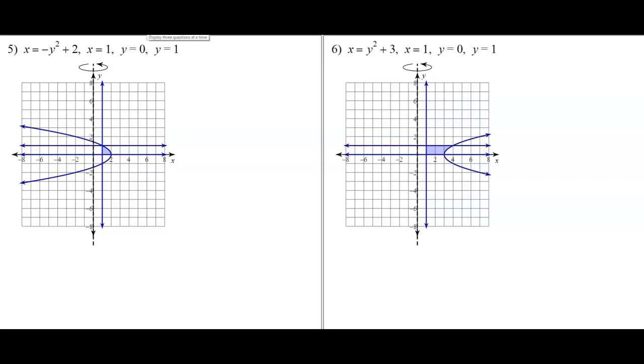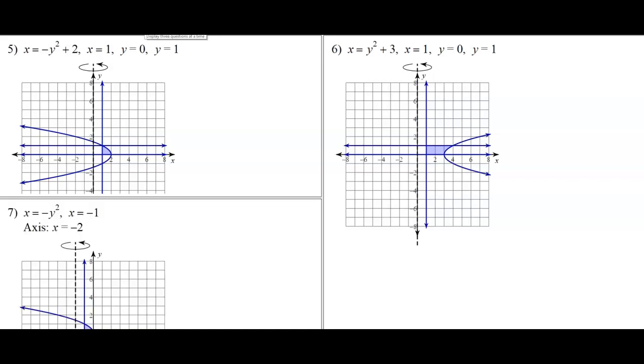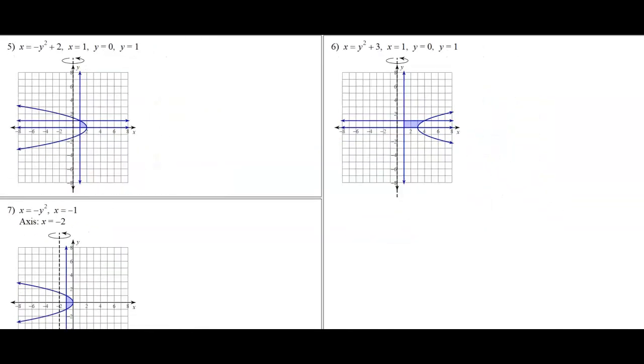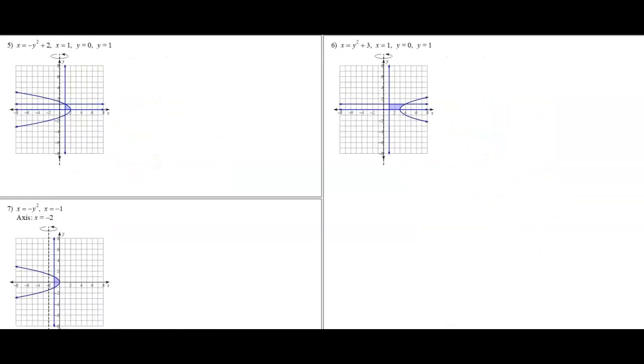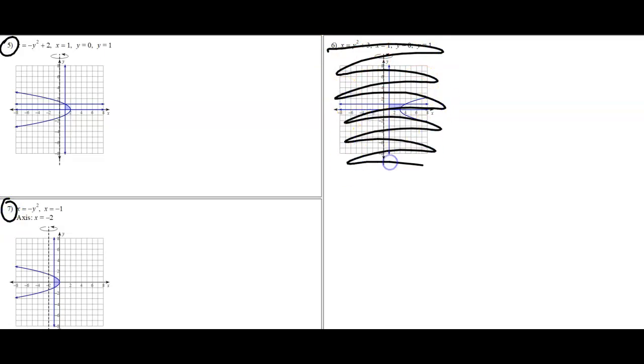I'm going to shrink it a little bit here so we can see everything a little more clearly. And let's have you also do number 7. So we're going to have you guys do 5 and 7. 6 is just a repeat of 5, and I'm going to let you guys do that on your own for practice. So I want you guys to do numbers 5 and 7 right now.